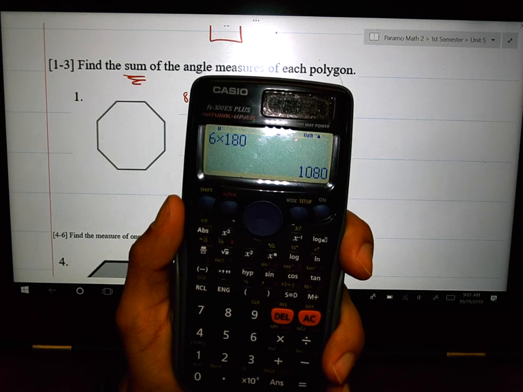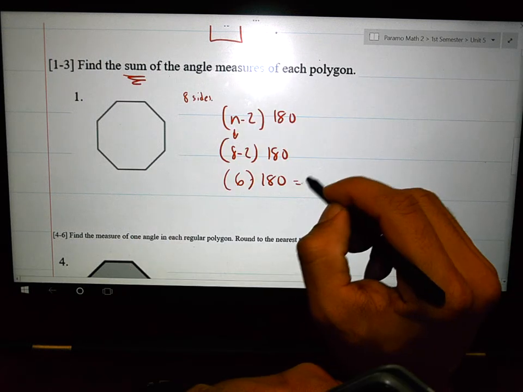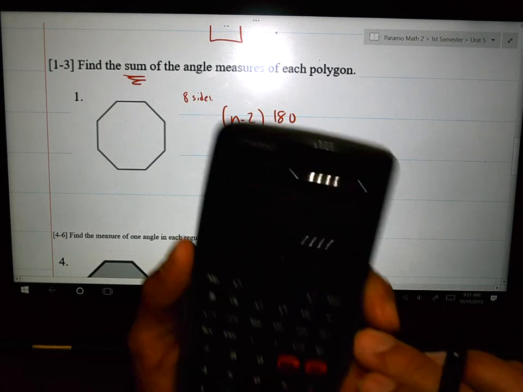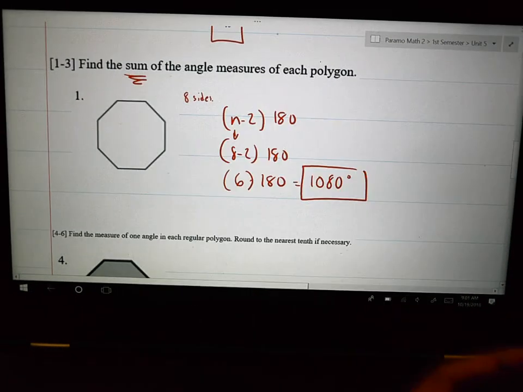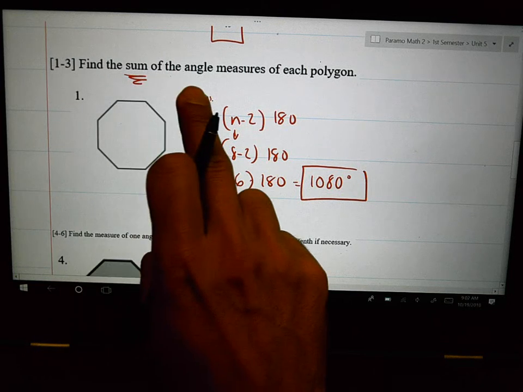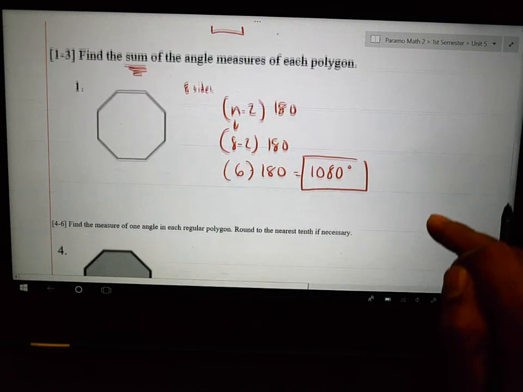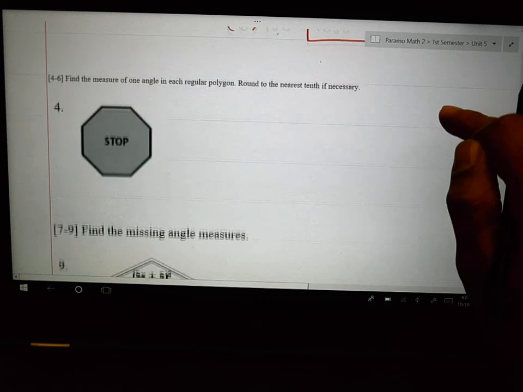See what 6 times 180 is. The sum of the angle measures of each polygon is 1080. That's it. Fairly simple.